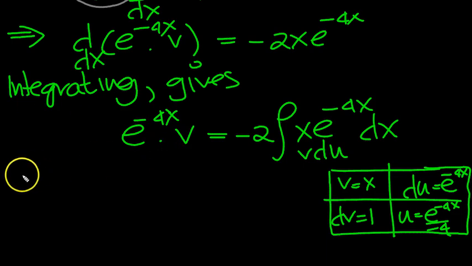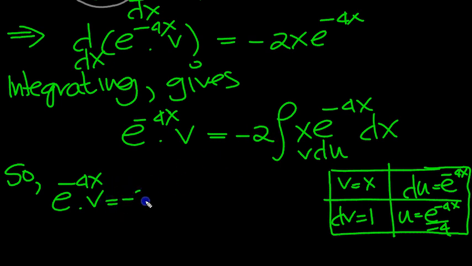So let's have a go at that. So what have we got then? We've got e to the minus 4x times v is equal to minus 2 lots of brace. uv is the first product, which is this times this. So we've got minus 4x. See, the minus can come with the x. Oh, over 4, sorry. So it's minus x e to the minus 4x over 4.